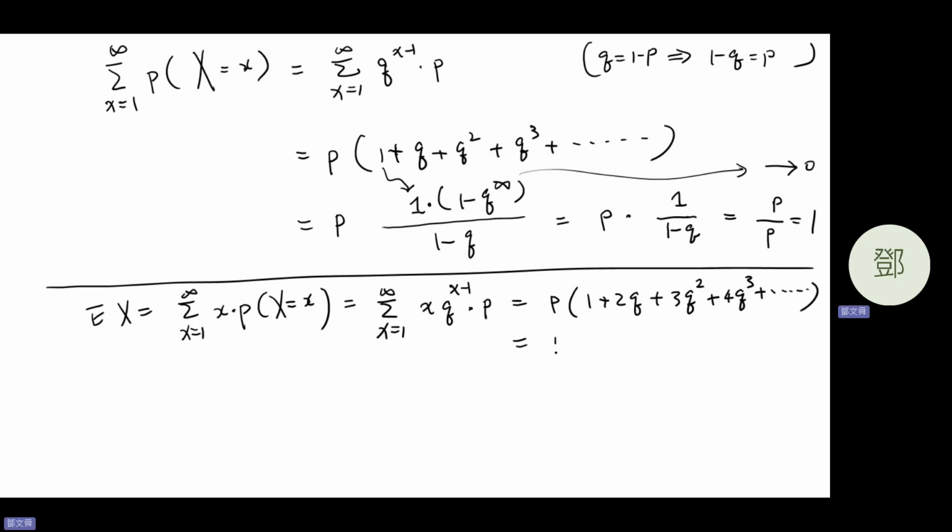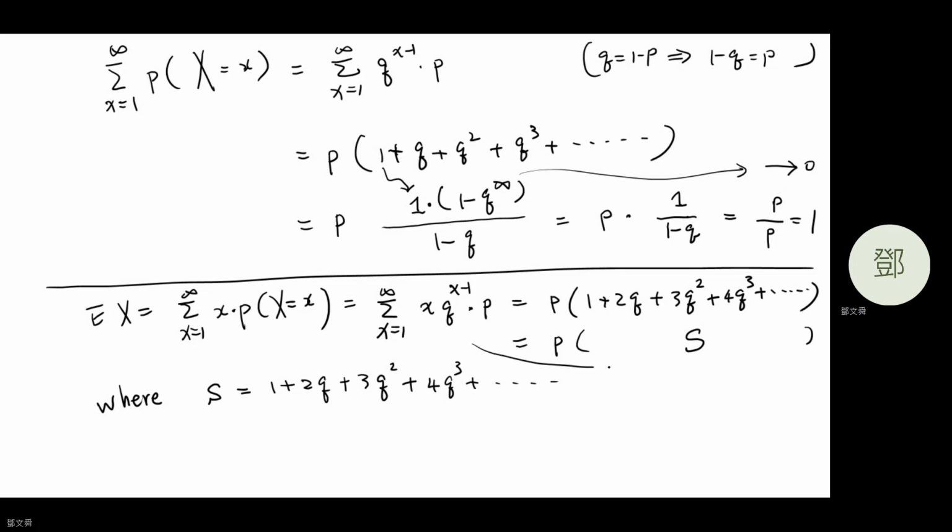Let us define it as s equal to 1 plus 2q plus 3q squared plus 4q cubed all the way up.